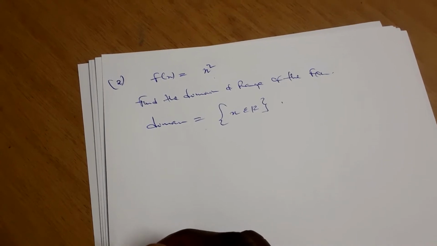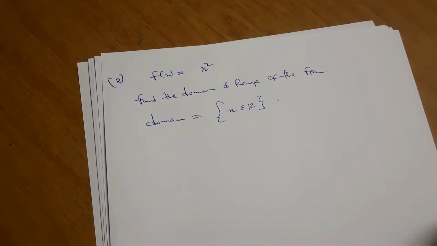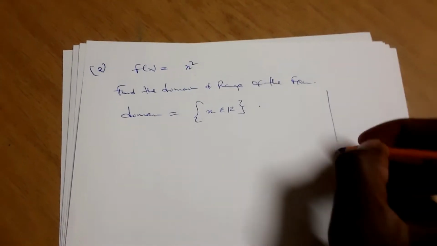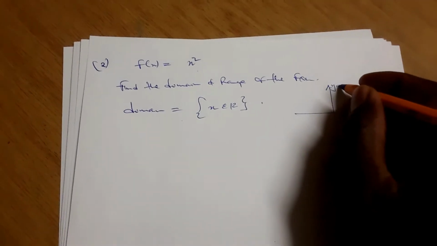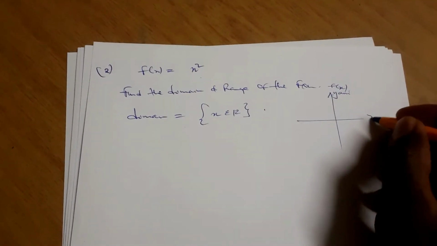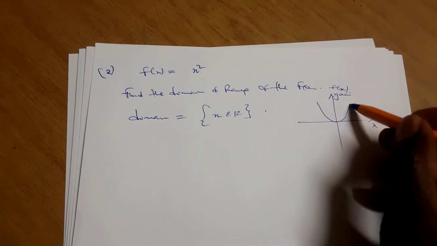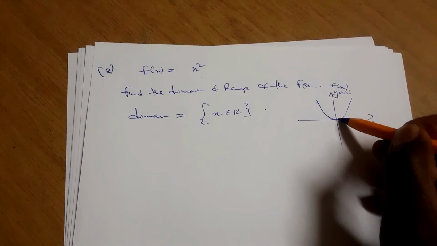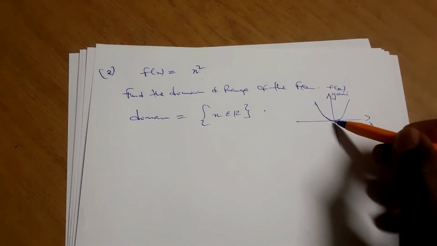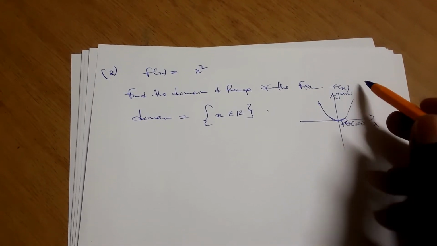Then if we are to look at the range, normally when you want to see the range of a function, I would advise for you to plot a graph. So if we plot the graph, which is our y-axis here, or f of x, then here x, if we plot the graph of x squared, it's like this one. So we can see that this function is starting from f of x is equal to 0 going upwards.